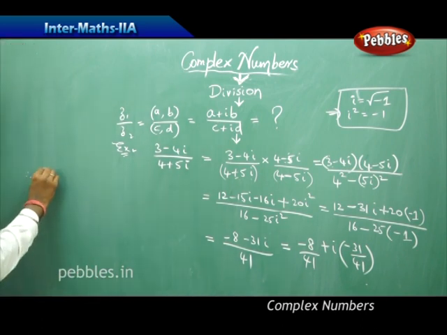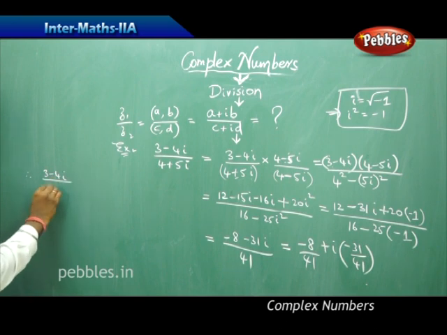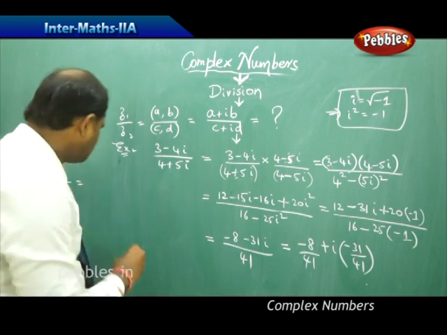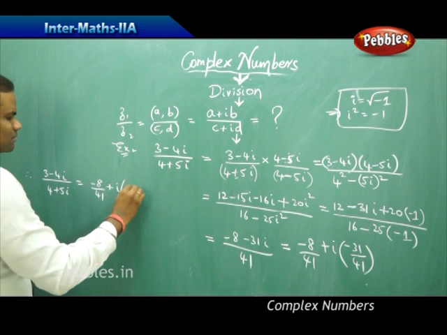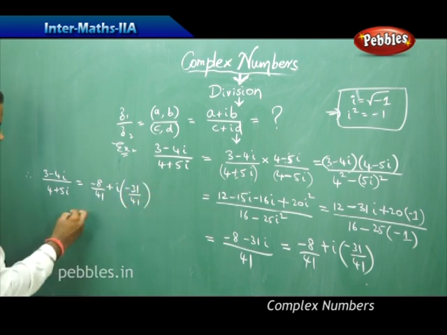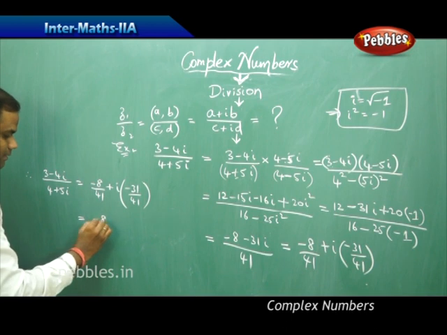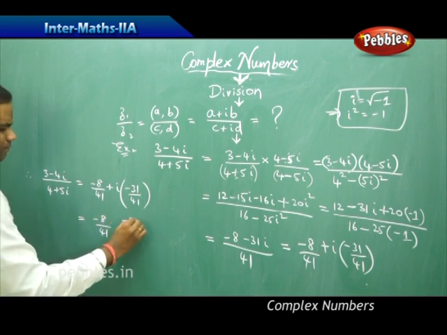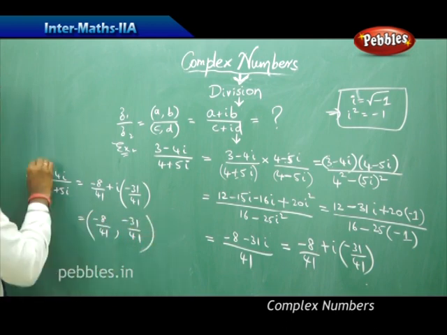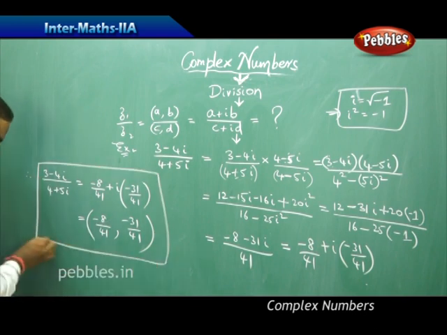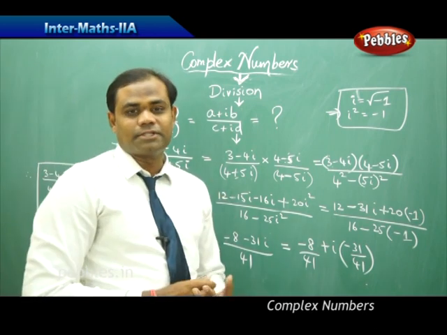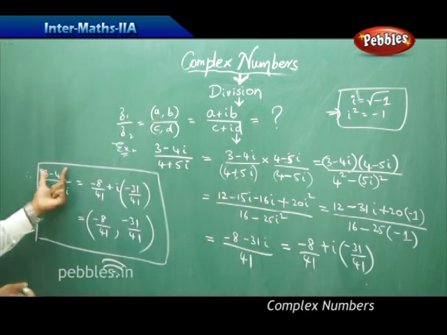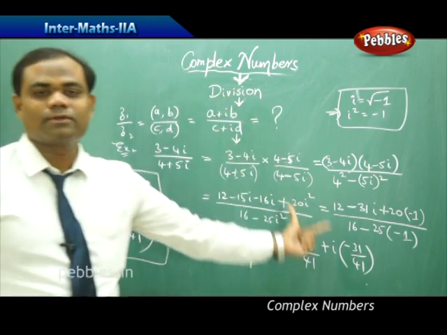Therefore, the division of the two complex numbers 3 minus 4i by 4 plus 5i is nothing but minus 8 by 41 plus i times minus 31 by 41, or I can write this as minus 8 by 41 and minus 31 by 41, which is how I understand the division of two complex numbers using the rationalizing concept.